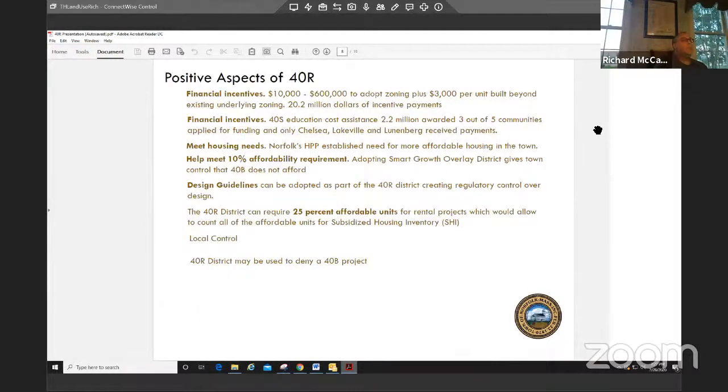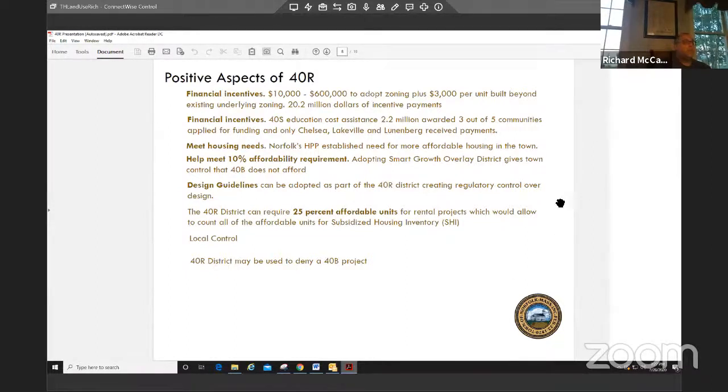So one of the things that we wanted to highlight is some of the potential positive aspects. As I mentioned before, if the town were to create a 40R district, depending upon the potential future number of units that could be built on the district, there's a scale of how much the incentive payment would be provided by the state to the town.